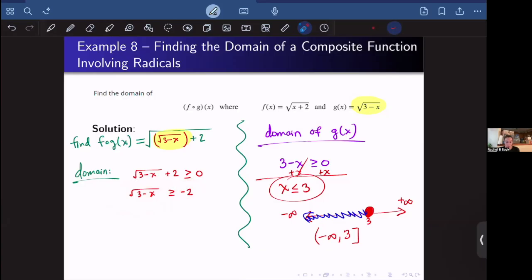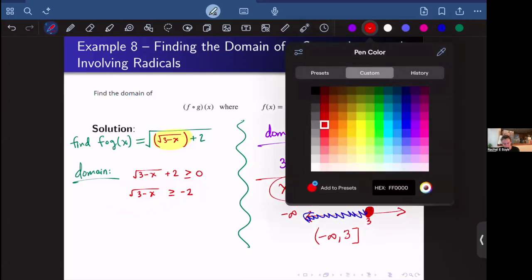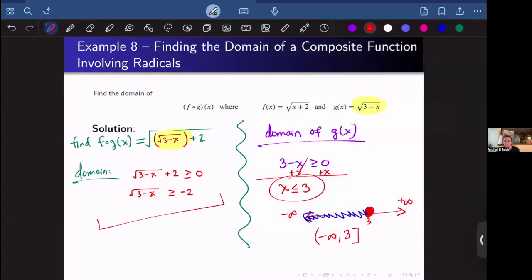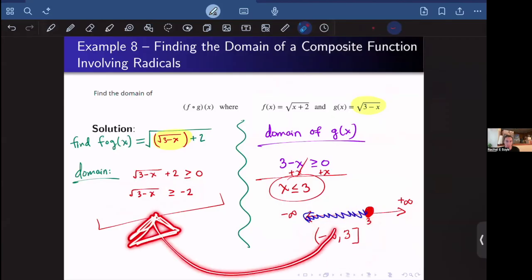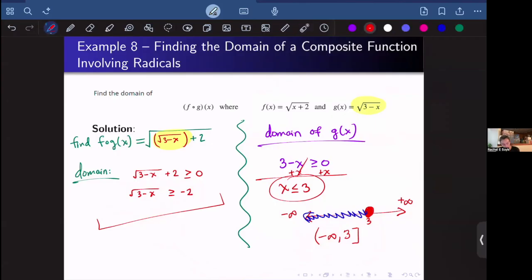So we do not have to worry about anything on this side because our domain on that right-hand side restricts that left-hand side to satisfy the necessary conditions. Okay, so our interval -∞, 3 satisfies these conditions.